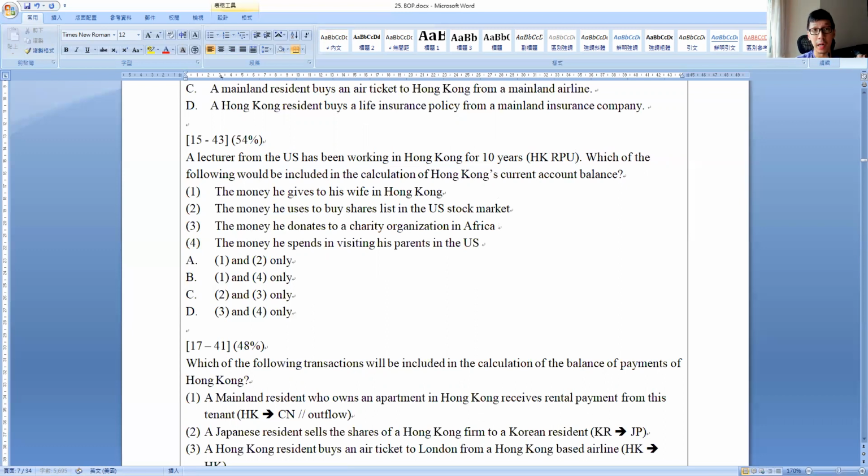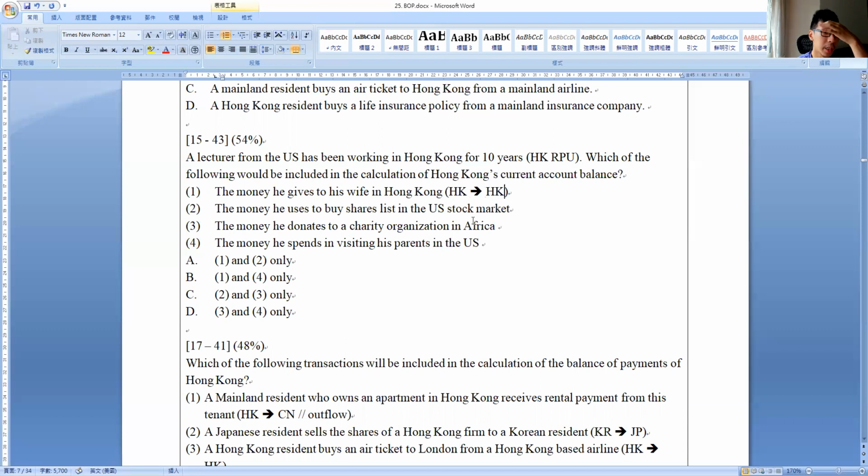So we're sure he would be counted as a Hong Kong resident for our purpose. 嗱，所以冇咗頭先問好嘅問題啊，係咪啊？Now, which of the following would be included in current account balance? The money he gave to his wife in Hong Kong. Now, a Hong Kong person giving money to someone in Hong Kong. 香港俾香港計唔計 BOP？唔計，not one.